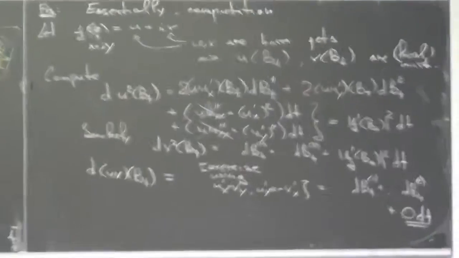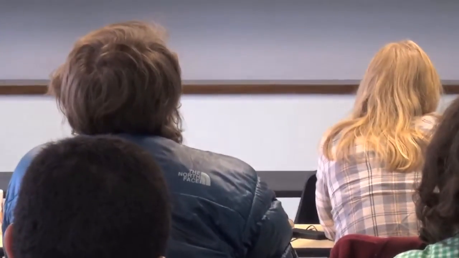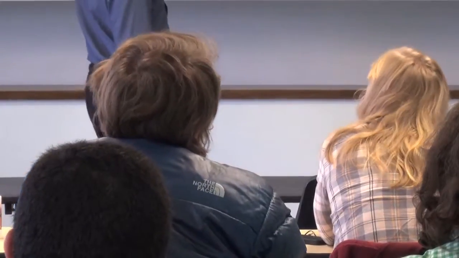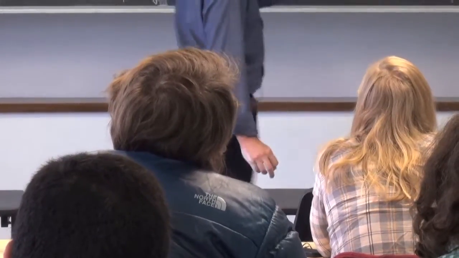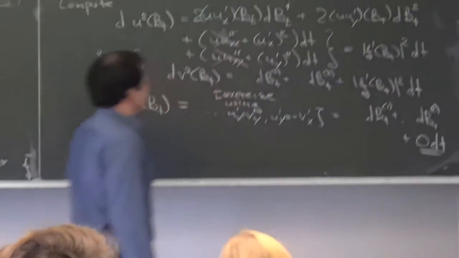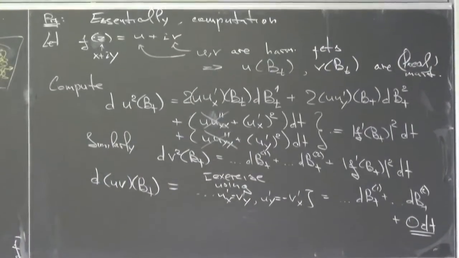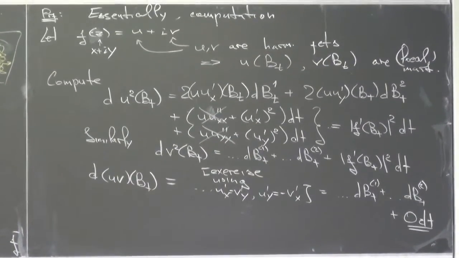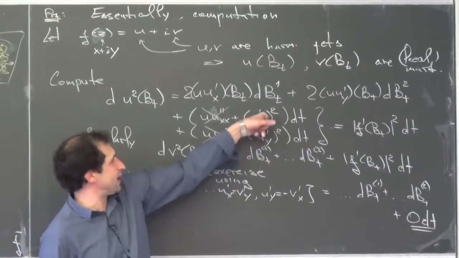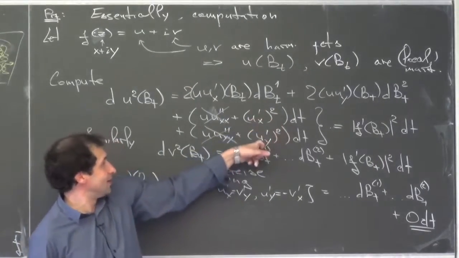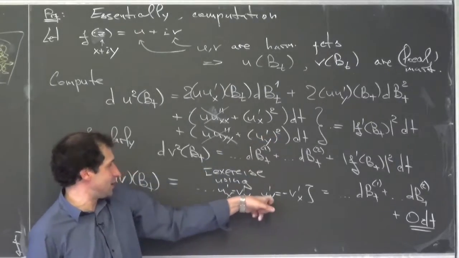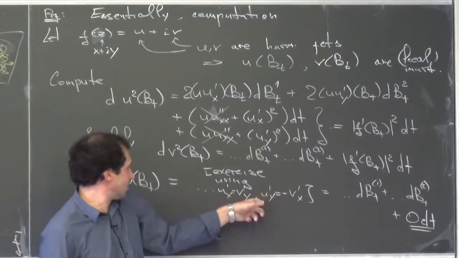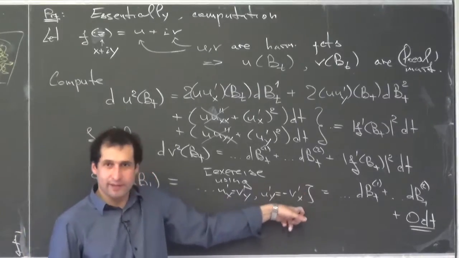So what I mean is that here it's u_x squared, here it's u_y squared, and u_y squared equals v_x squared.